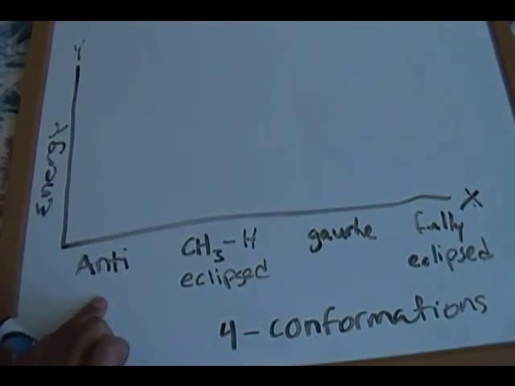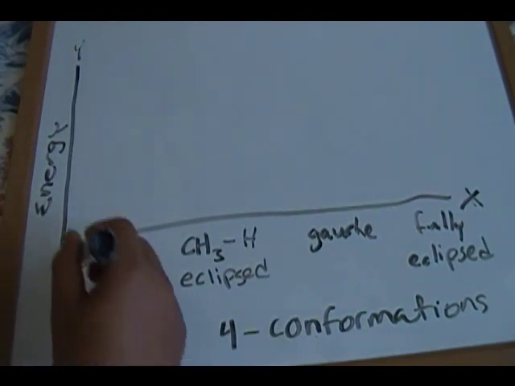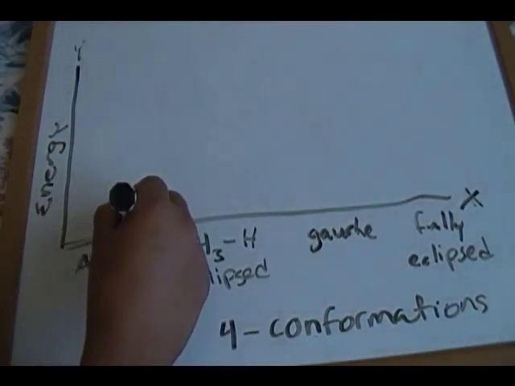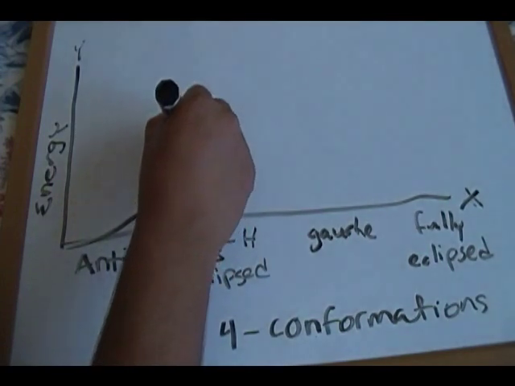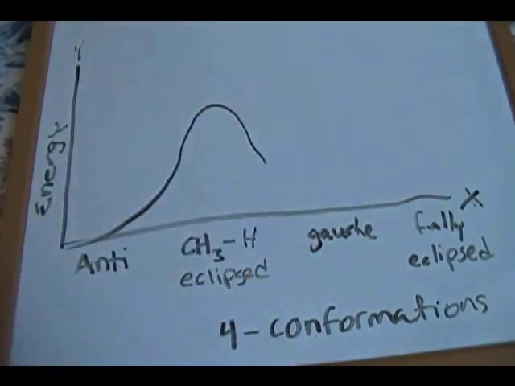When in the anti-conformation, we know it's the most stable, so there will be little to no energy involved. But as you slowly get to eclipsed, you start to build some. There starts to be a lot of strain, right? And you get this type of peak as a result of the energy buildup.